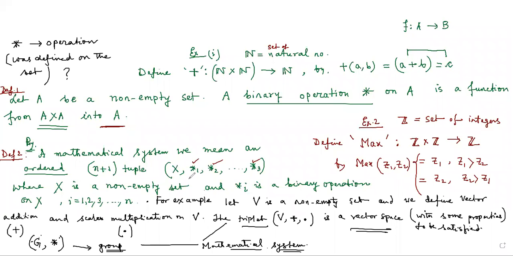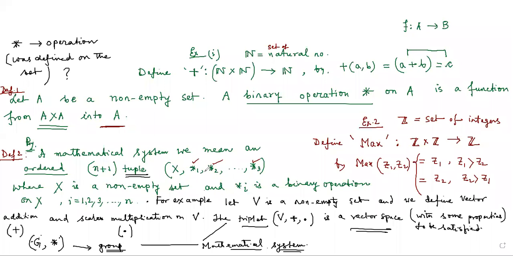When we have two things inside the bracket, we call it a pair. When we have 3 things, we call it a triplet. When we have 4 things, we call it a quadruple. But when we have more than 4 things inside the bracket, we use the word tuple. But why is it an n plus 1 tuple?